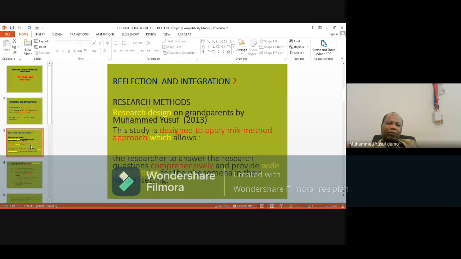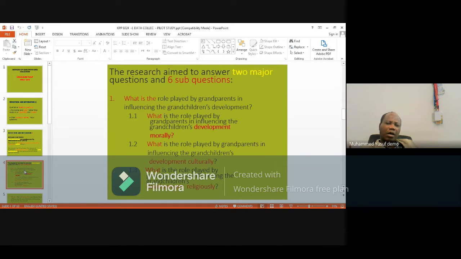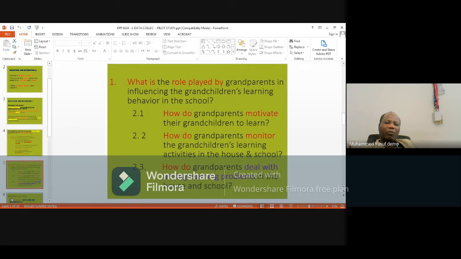As an example that I gave to you last time, this research needs to check some information, needs to explore some information. Specifically, we want to explore moral development, cultural development, religion development, and educational development.